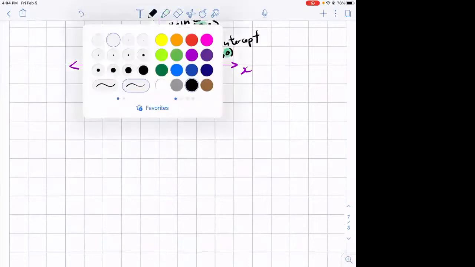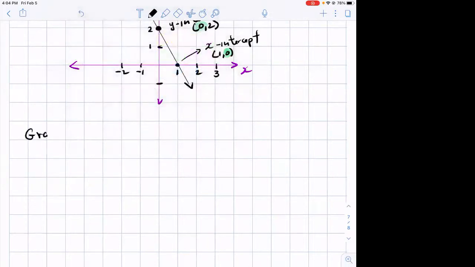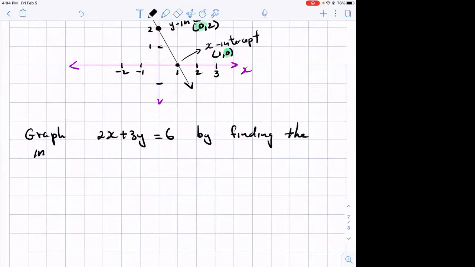So, graph 2x plus 3y equals 6 by finding the intercepts.